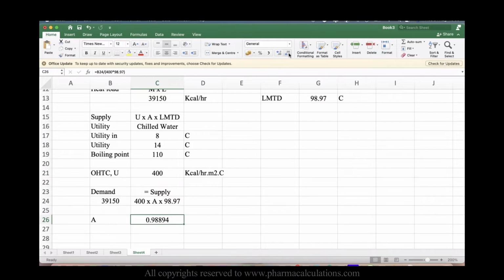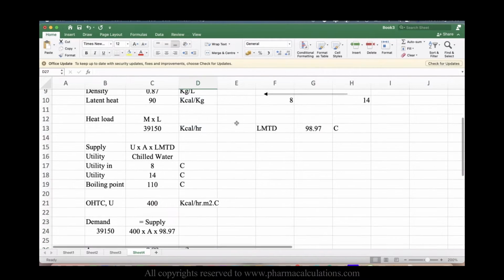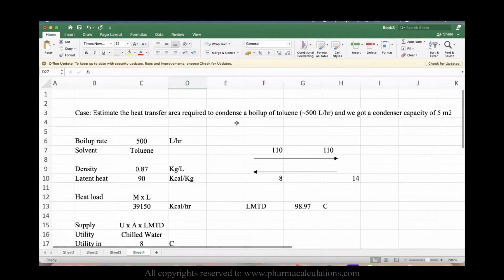The heat transfer area required theoretically is around 1 m square, whereas in this scenario we have a 5 m square condenser. So we can say the available condenser capacity is adequate.